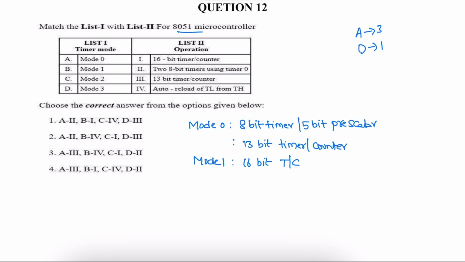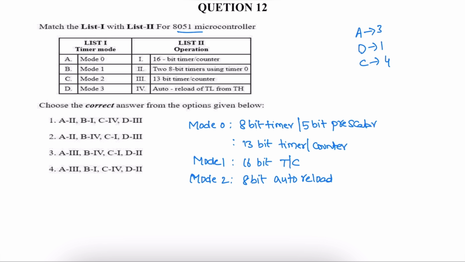Next, mode 2 operation is 8-bit auto reload timer or counter. For C, the matching is 4.